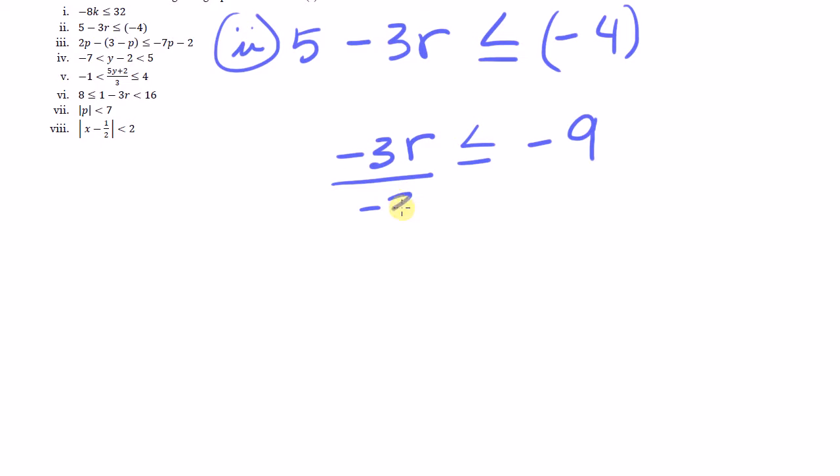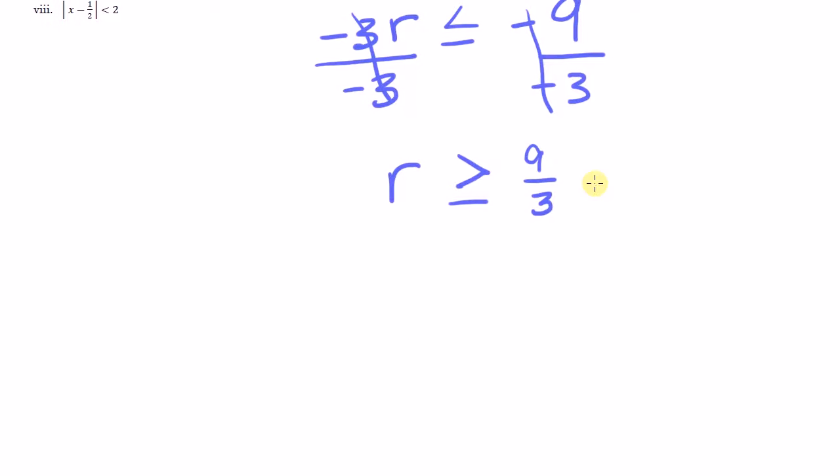And then I divide by negative 3, divide by negative 3. And when I do, I have to flip the inequality, and equals 9/3. And 3 times 3 is 9, so that's equal to 3. So r has to be greater than or equal to 3.